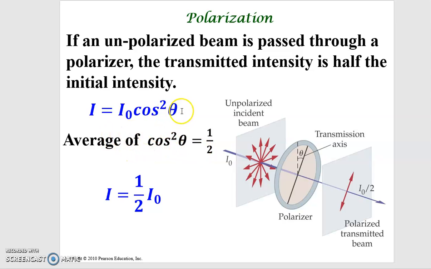No matter what theta it points to compared with the transmission axis, when you sum all the values and get the average, it is 1/2. So if you originally have an unpolarized beam passing through a polarizer, the intensity after passing through is half of the original intensity. The reason you get half is that the average of cosine squared theta is 1/2.